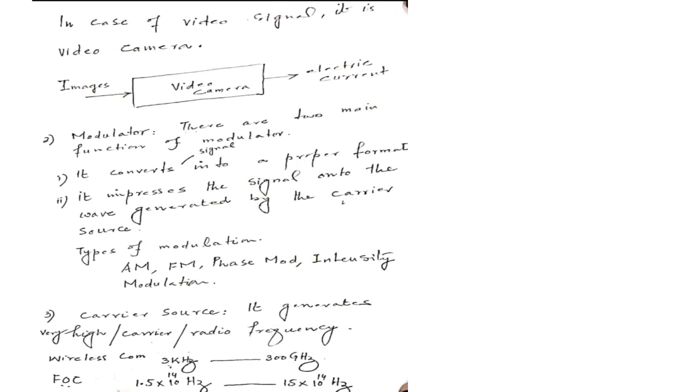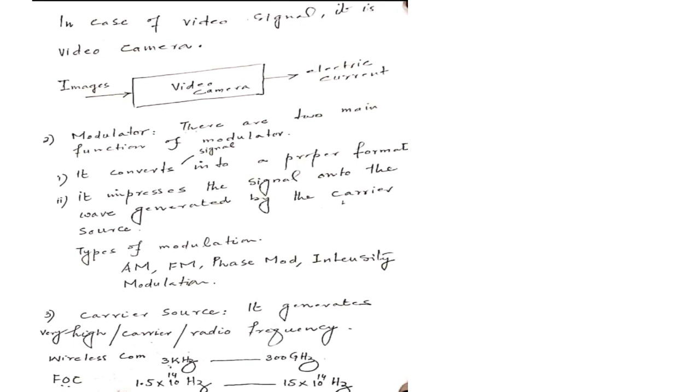In a fiber optic communication system, we need to convert the electrical signal into a light wave, because we transmit the information from one place to another place with the help of this light wave.